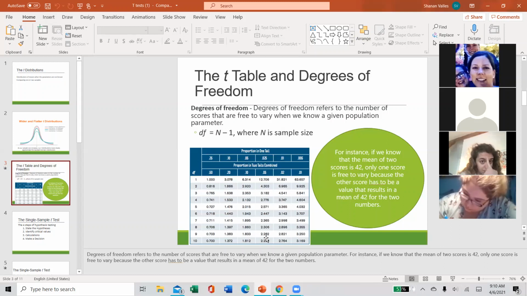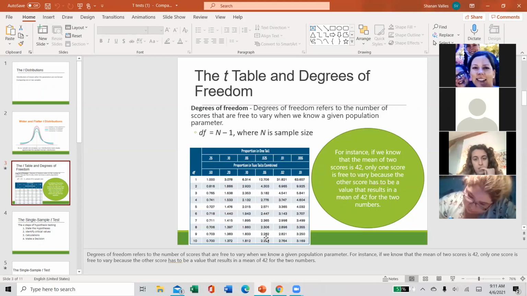Once we do our t-tests, we're going to calculate some numbers, and then we have to decide whether our data supports our hypothesis or whether it supports the null hypothesis.